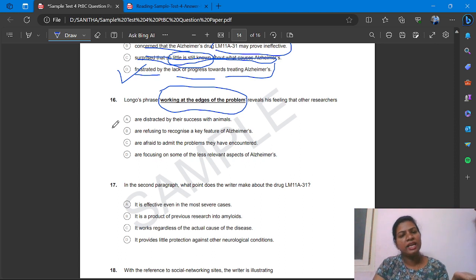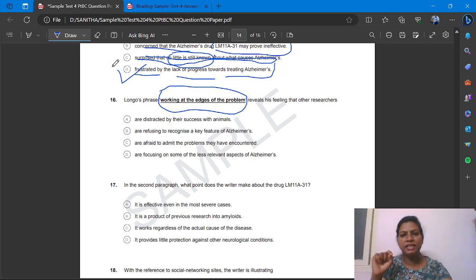When you read these three options, find out which one will be your answer. If you understood the meaning, then read the options and find out which is your answer. Guess yourself, then go to the paragraph.